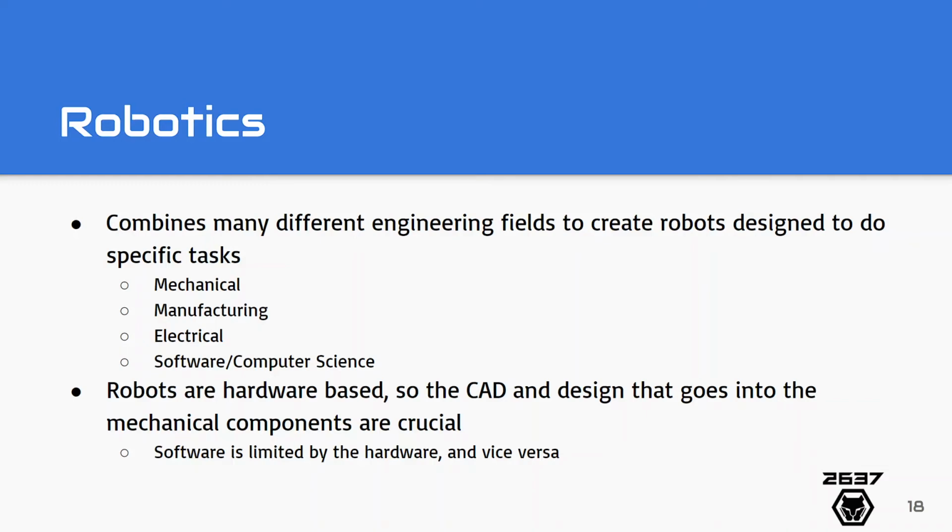It has mechanical engineering, manufacturing engineering, electrical engineering, and software and computer science is also a big part. Robots are hardware based, in that what your robot can do is limited by the hardware that you make. This is a presentation on CAD and mechanical design, so it's going to focus on the hardware.